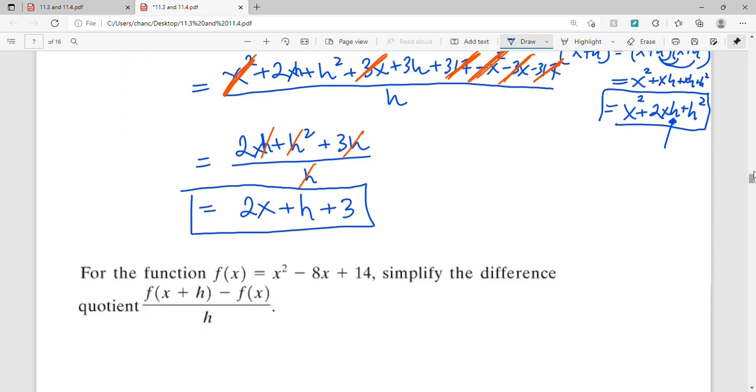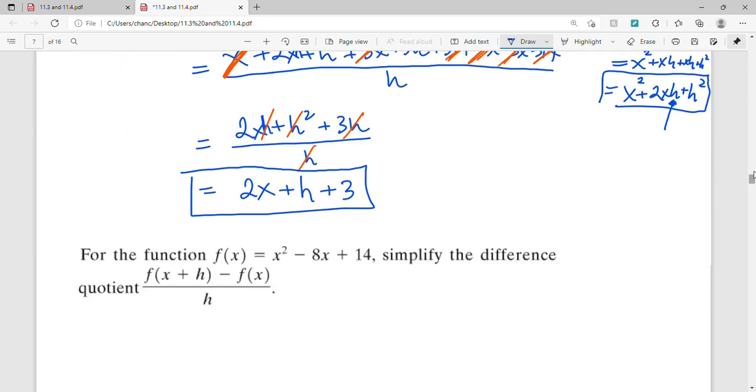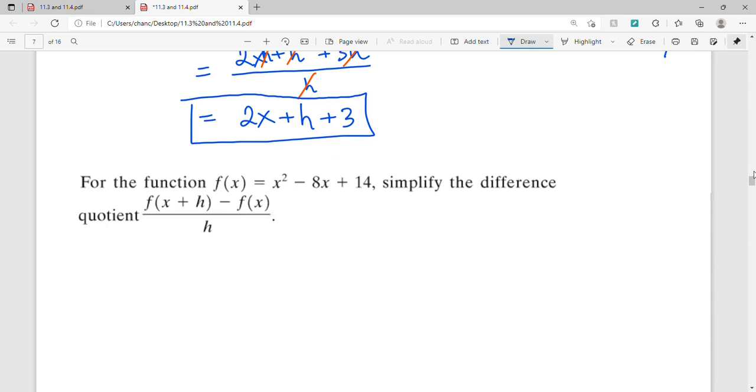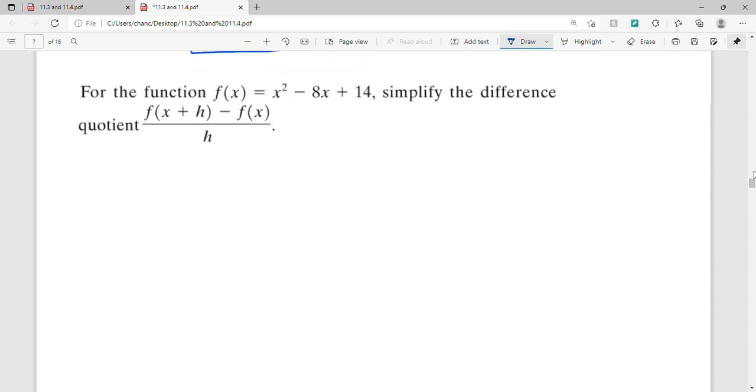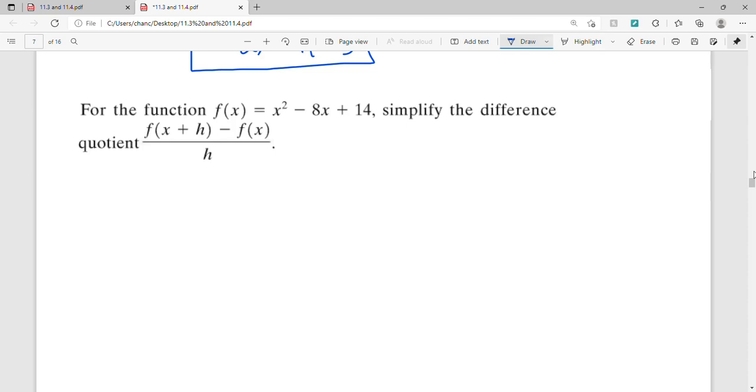Now I want you to practice this on your own, the next problem. It will be on our next exam, so let's make sure you try this on your own. Again, when I do the difference quotient, I need to write down the formula. And then we'll do the substitution.